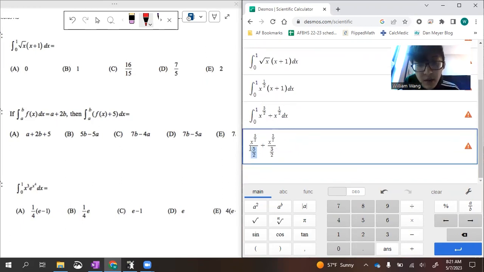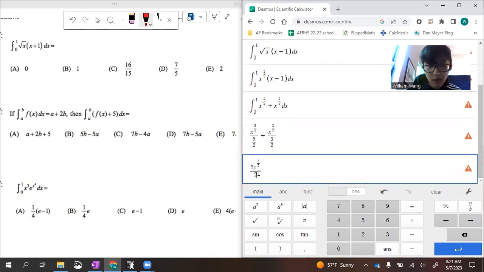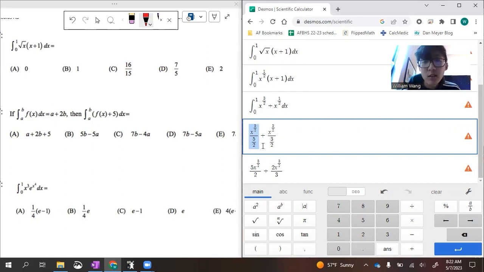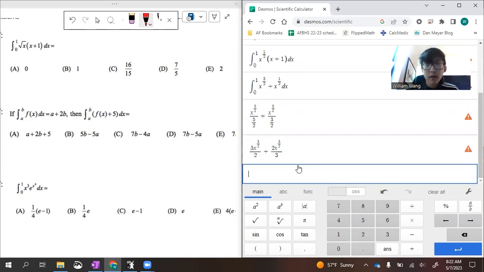All right, when I divide by a fraction, it's the same as multiplying by the reciprocal. So it's 5x to the 5/2 divided by 2 plus 2x to the 3/2 divided by 3. Cool. I now just rewrote that as this. These are the same thing. Then I plug in 1 and 0.